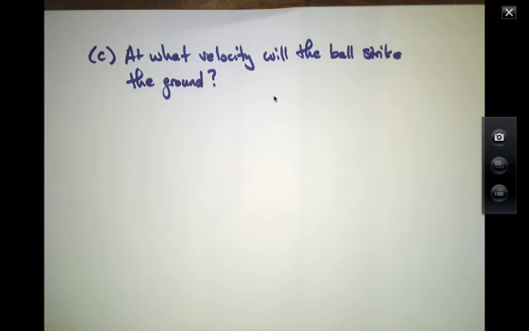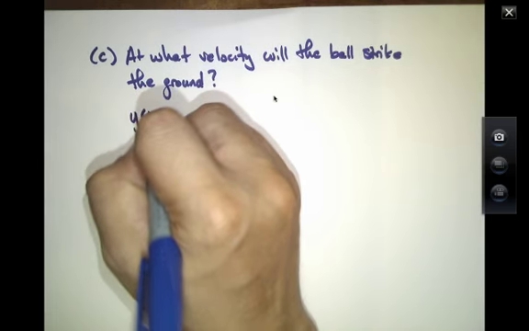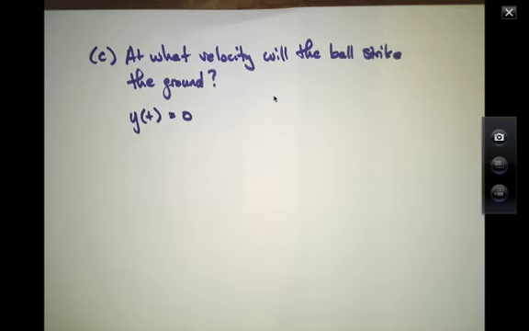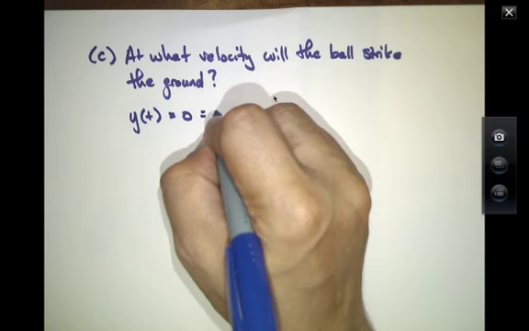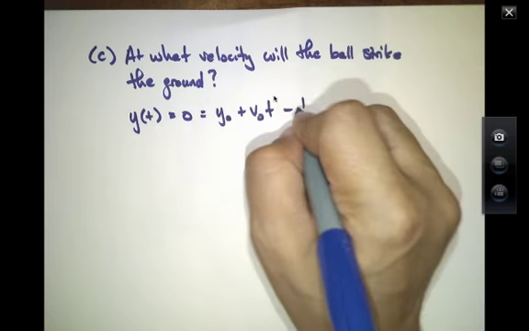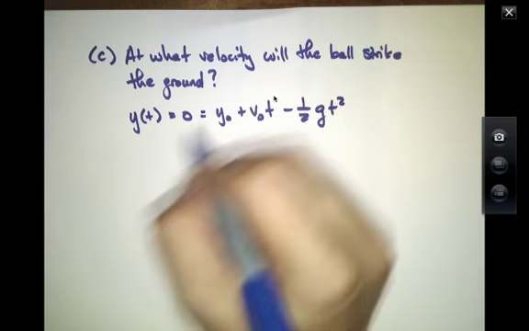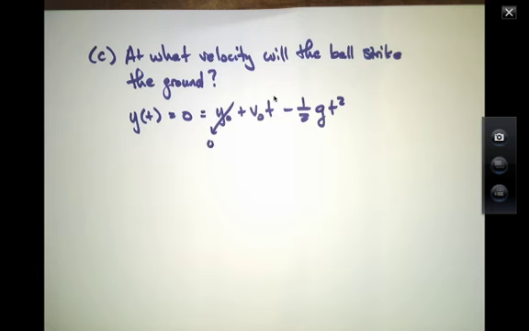Well, I don't know when it will hit the ground, but we do know that when it hits the ground, that's when y of t equals 0. We can again plug in y naught plus v naught t minus 1/2 g t squared, and this term is 0 because it started at the ground.